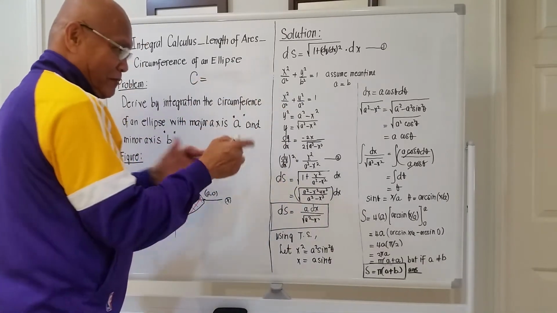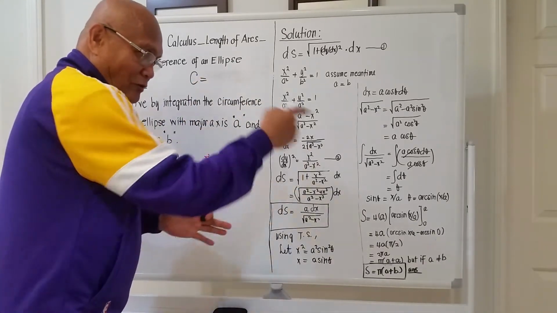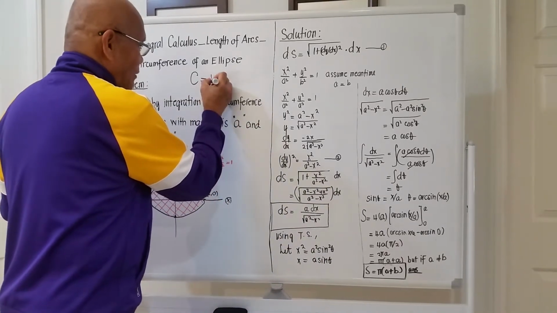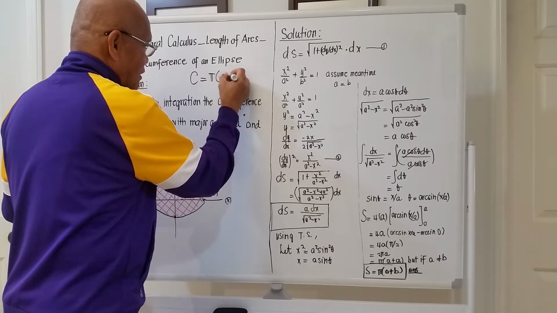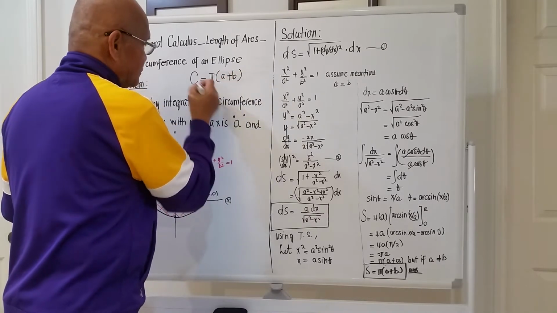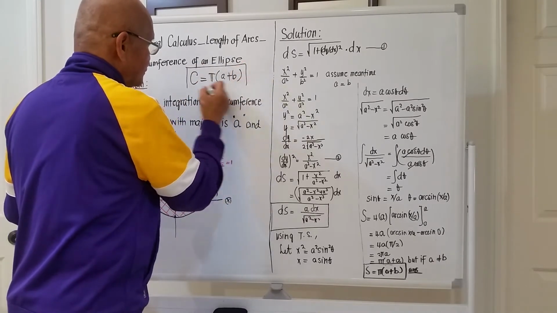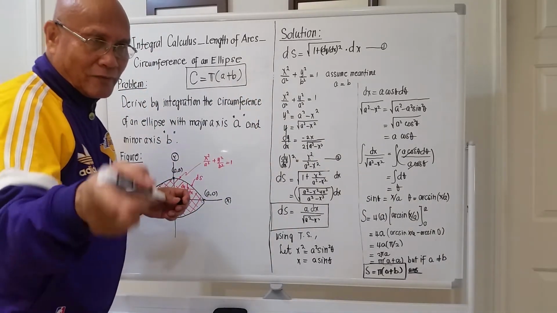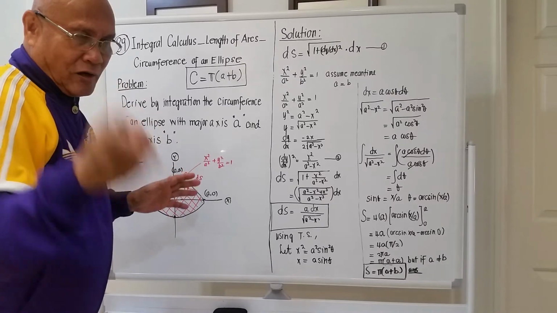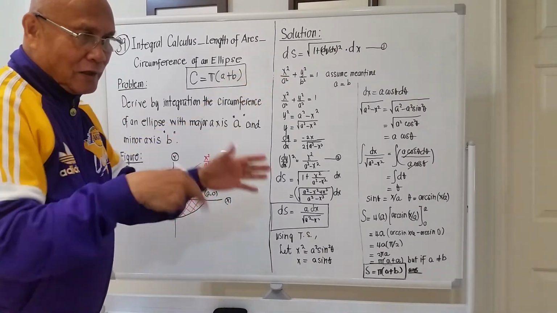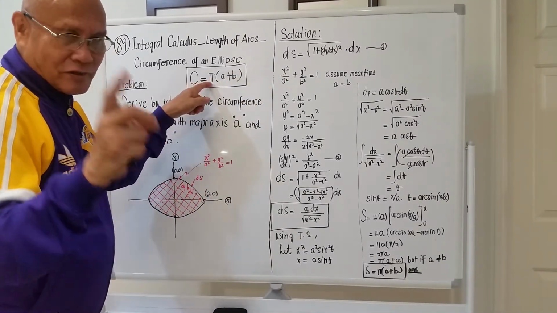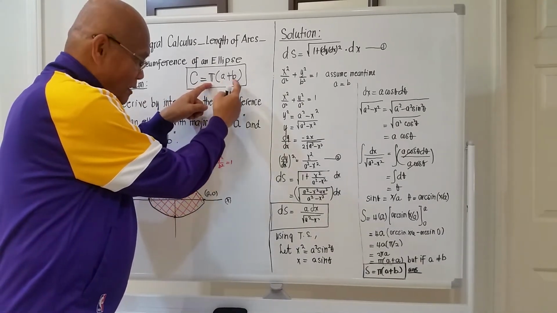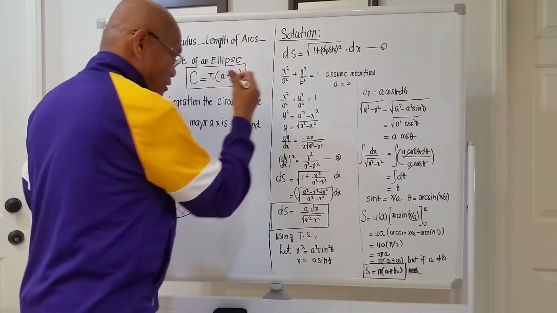It will be the same, meaning the total distance moving around the ellipse. It will be pi times the quantity a plus b. So the formula you are using under lower mathematics, in which the circumference or perimeter around an ellipse is pi times the sum of the major axis plus minor axis units.